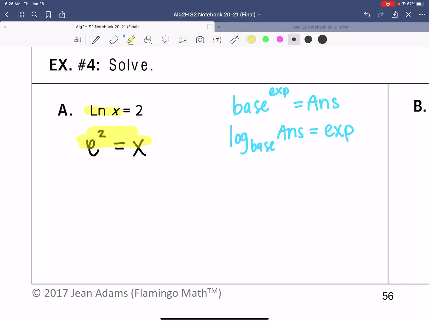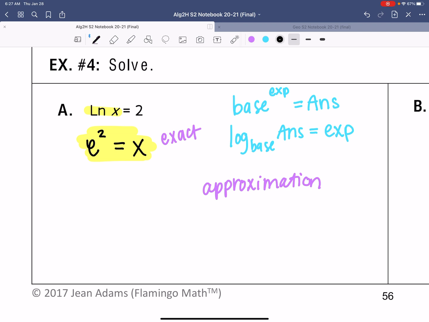This is the answer I like. This is called an exact answer. So if I said, give me the exact answer, this is what you tell me, x equals e squared. If I asked for an approximation, because sometimes it is, if I ask for that approximation, that's where we plug it into a calculator.